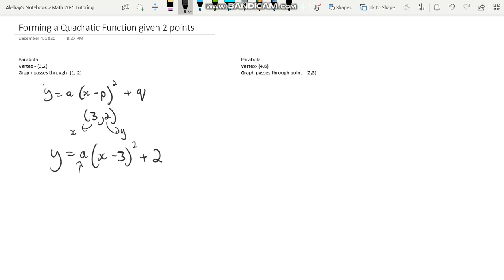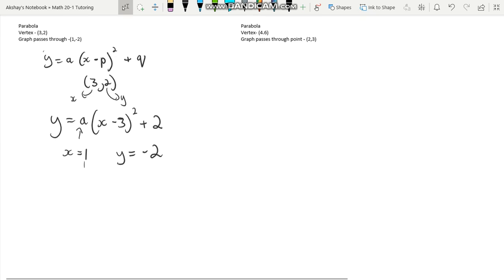So to find our a, we can use the point that the graph passes through, which in this case is (1, -2). What I know from this point is my x value is 1 and my y value is -2. So I would substitute my x value into the x of my function and my y value into the y of my function.